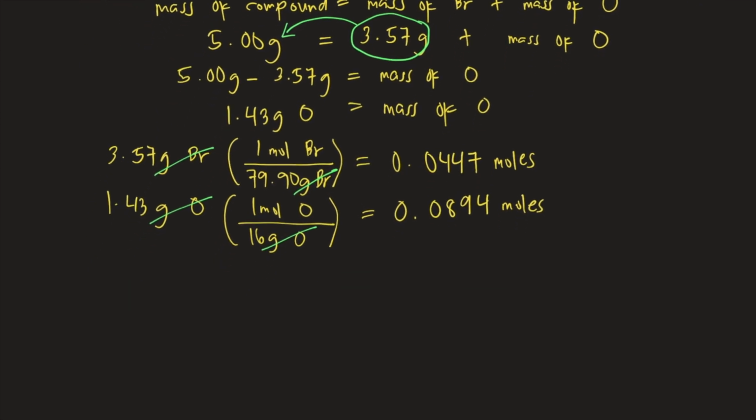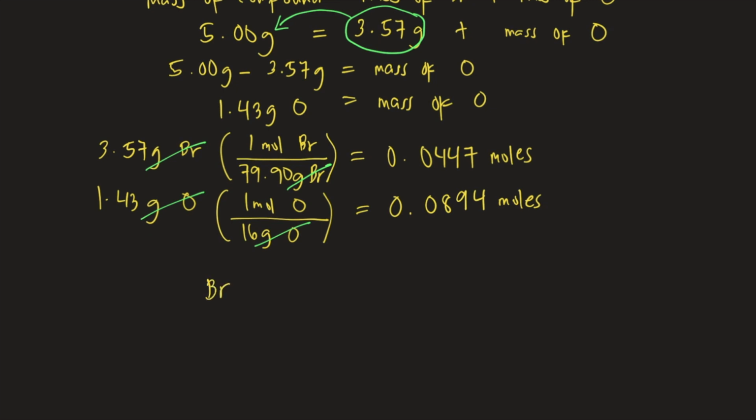So we just computed the moles of Br, that's 0.0447, and the moles of oxygen, 0.0894. To find the empirical formula, we divide the subscript by the smaller number of moles. So between 0.0447 and 0.0894, the smaller number is 0.0447. So we divide both subscripts by the smaller number, 0.0447.